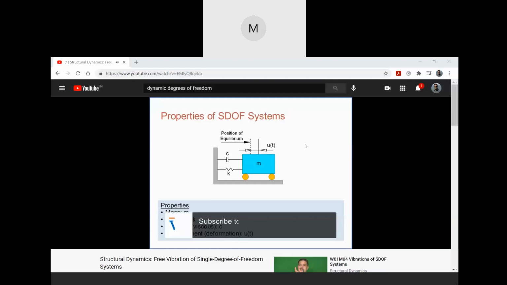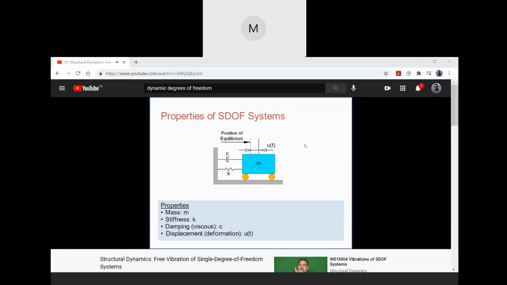Because in the field of structural dynamics we are studying the response of the system with respect to time, the displacement is expressed as a function of time.